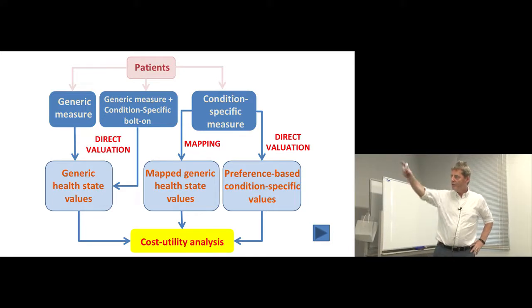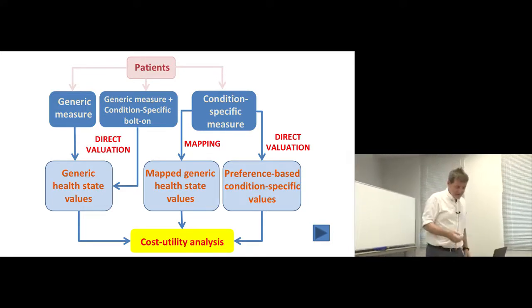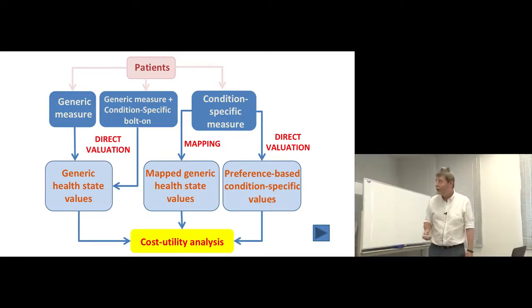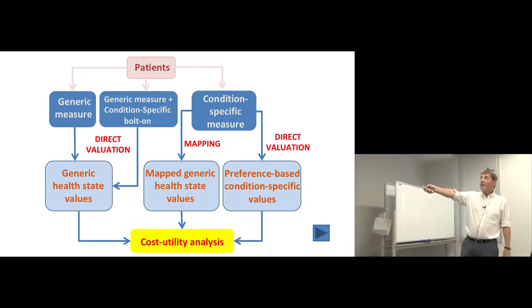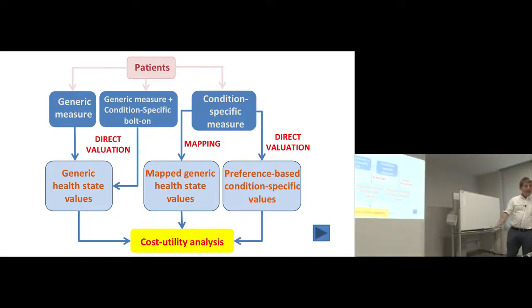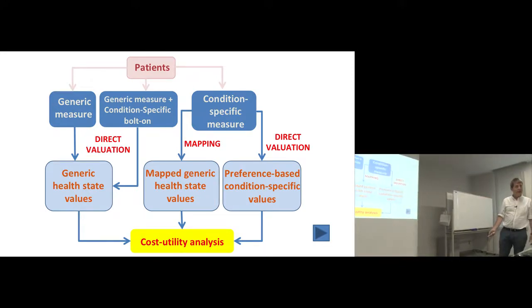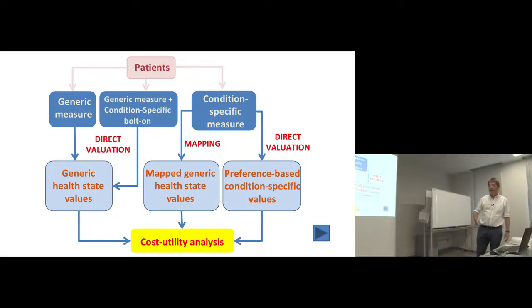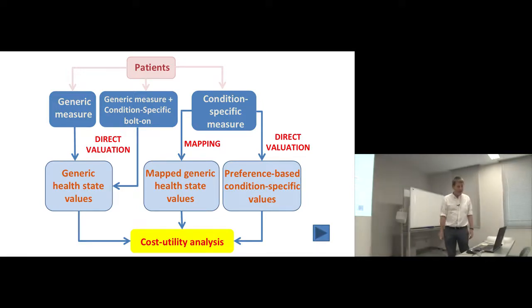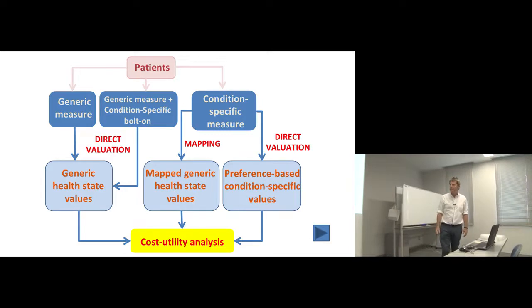Okay, for those who prefer, it's still words, but it's sort of a graphic. This is a sketch of what's going on. Everything starts with patients. It's the patients that are telling us what health state they're in. It's the patients that we give the EQ5D or the SF6D questionnaire to complete.